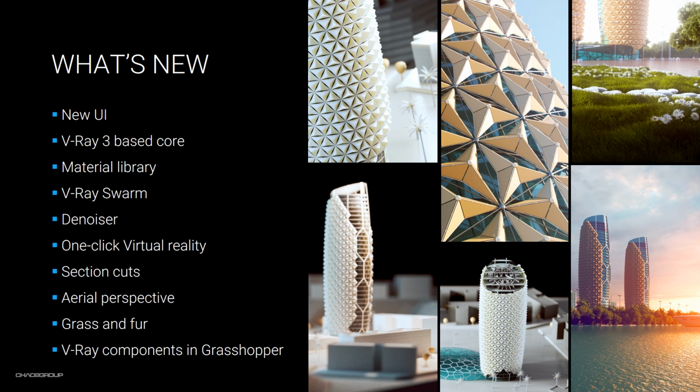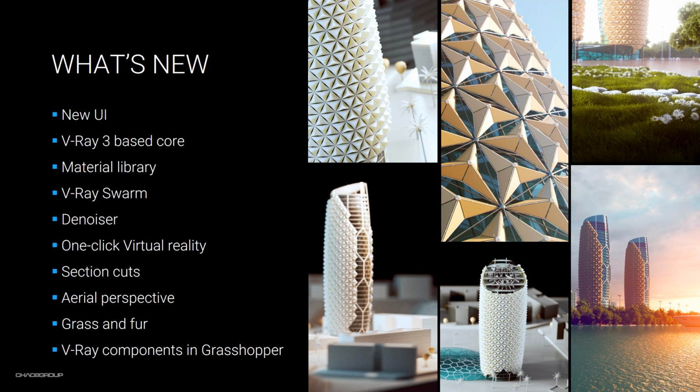V-Ray 3 Core, based on the same App SDK as the other products in the Chaos Group portfolio with the same render engines. A built-in material library with over 500 ready-to-drag-and-drop materials. V-Ray Swarm, which is the monitoring and management system for distributed rendering. A denoising algorithm to cut render time and remove the noise.